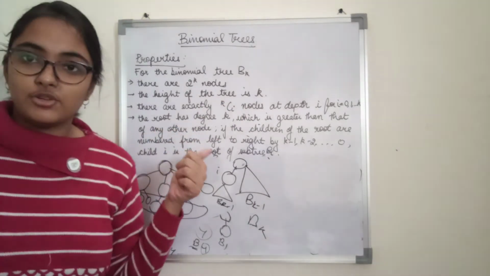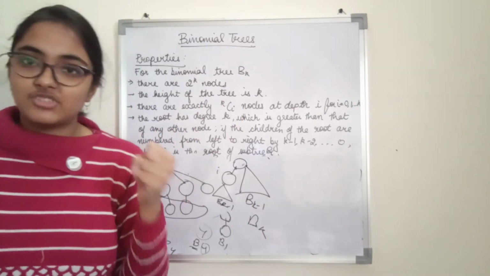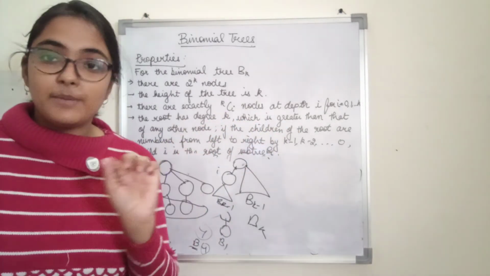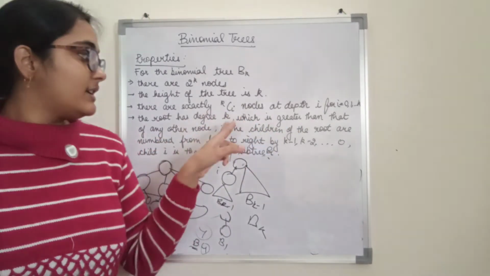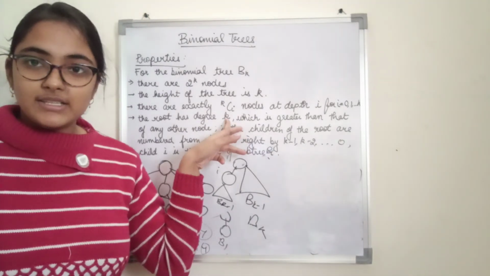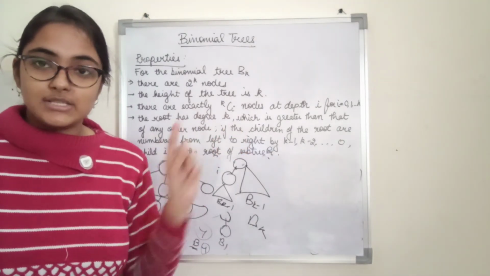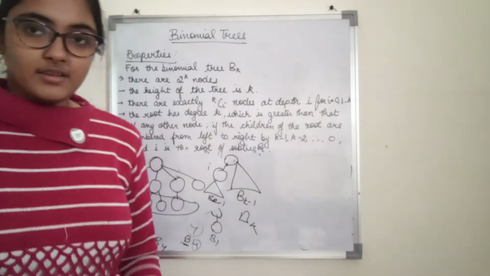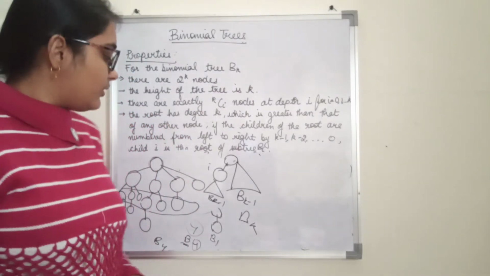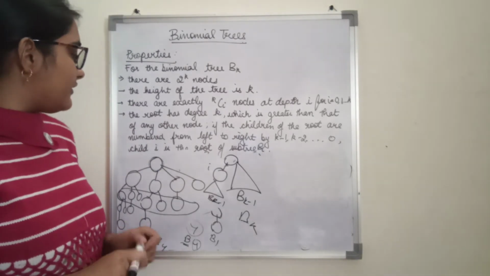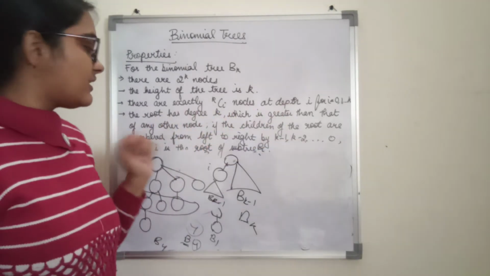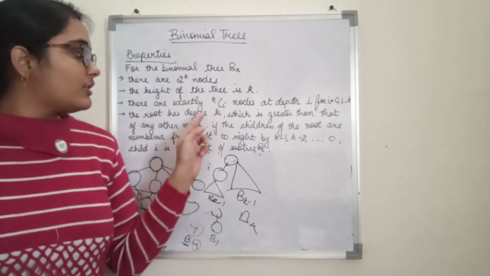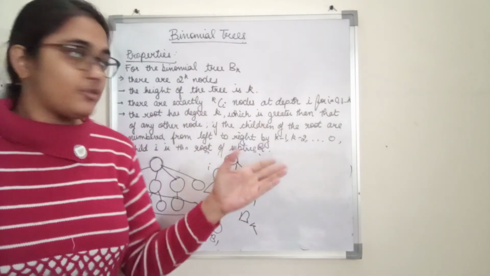What is the degree of a node? The degree of a node is the number of children it can have. So it is saying that the root has the maximum degree in a particular binomial tree, and the degree here is K. Let us assume that this particular property is true for K-1, just like for all the other properties.